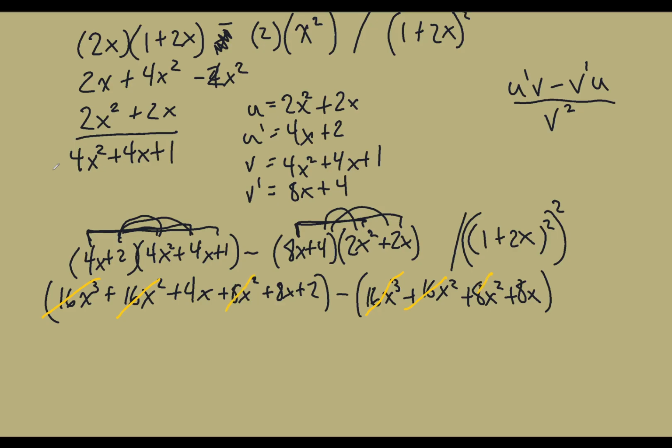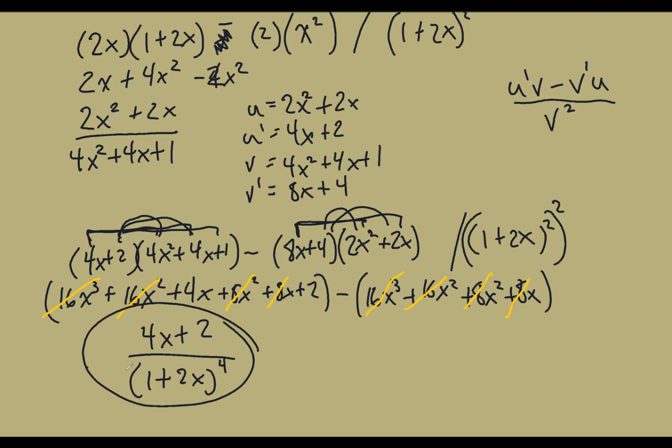The 8x squared seems to cancel. The 8x seems to cancel, so I guess we're left with 4x plus 2 over 1 plus 2x to the fourth power. That'll be the first quotient.